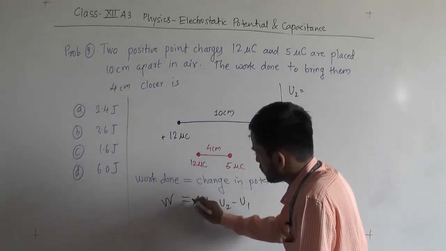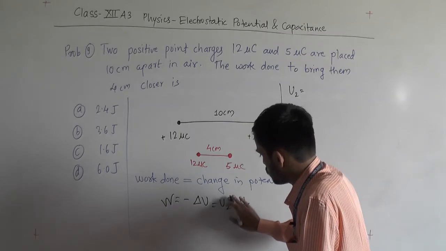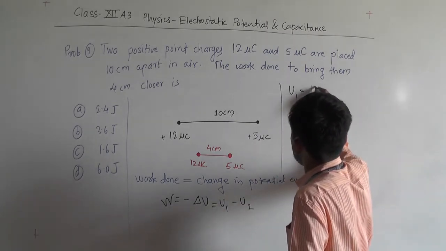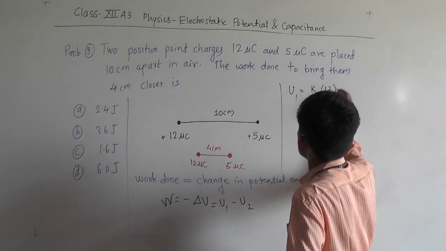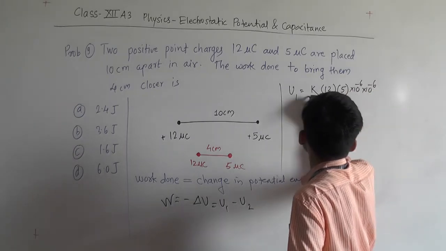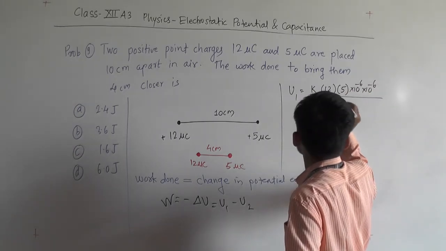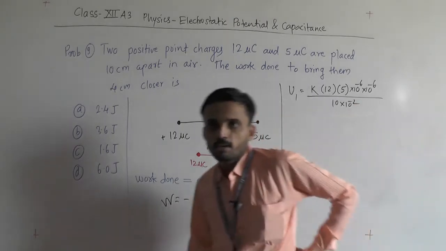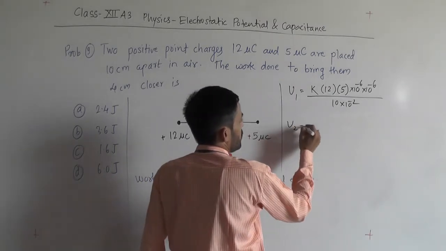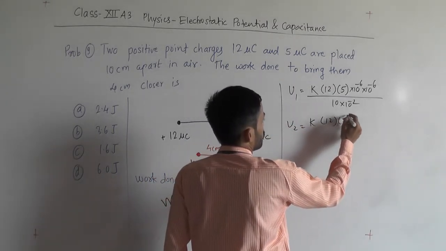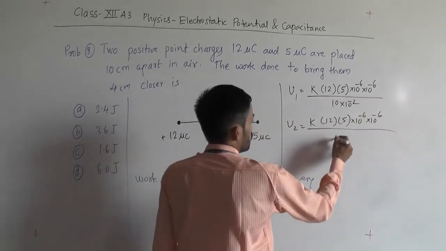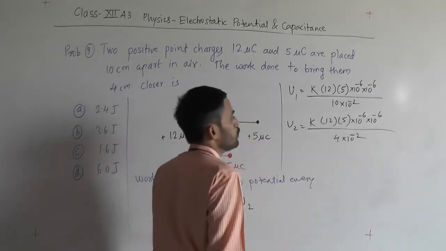Of course W is minus delta U, so U1 minus U2 will come, sorry. U1 will be K into 12 into 5 into 10 raised to minus 6 into 10 raised to minus 6 divided by 10 into 10 raised to minus 2. KQ1 Q2 upon R. And U2 will be K 12 into 5 into 10 raised to minus 6, 10 raised to minus 6, that will be same, divided by 4 into 10 raised to minus 2.